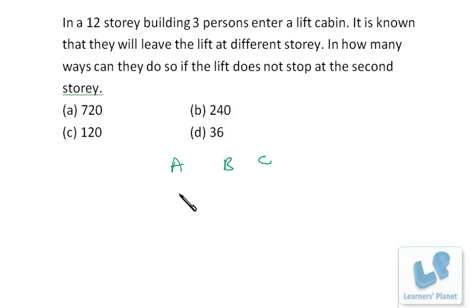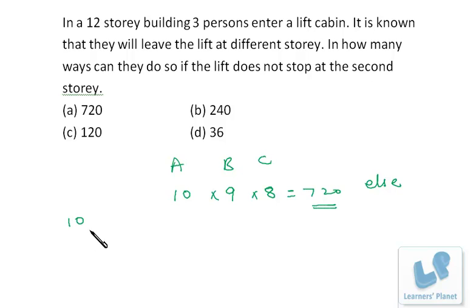So A has 10 choices to leave the lift. Since all of them have to leave the lift at a different floor, A has 10 choices, B has 9 choices and C has 8 choices. So it's 720.